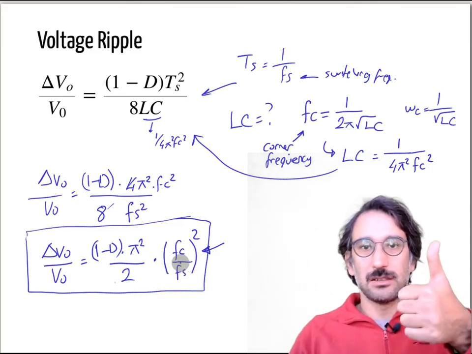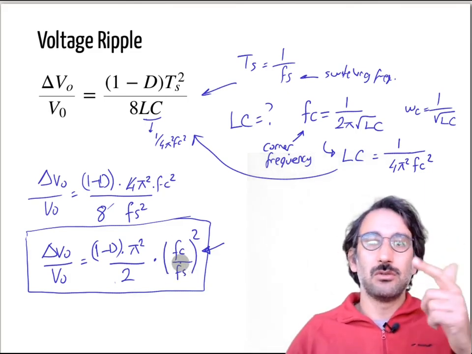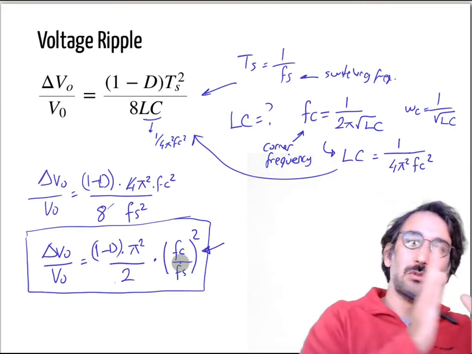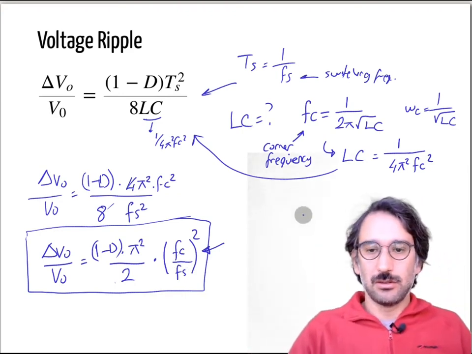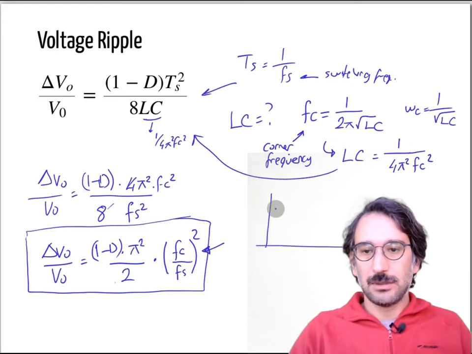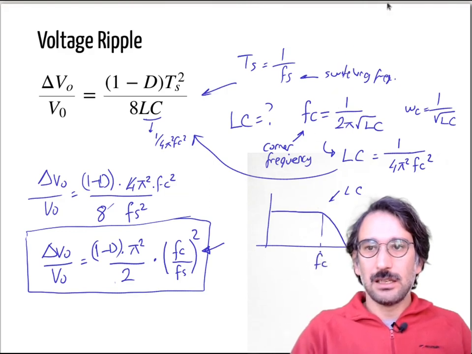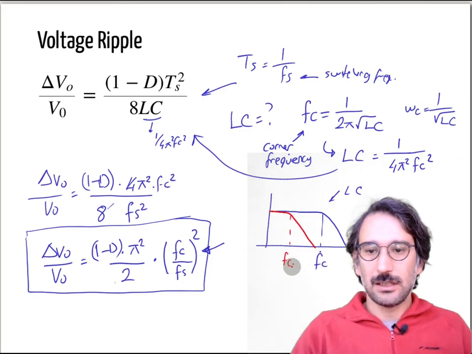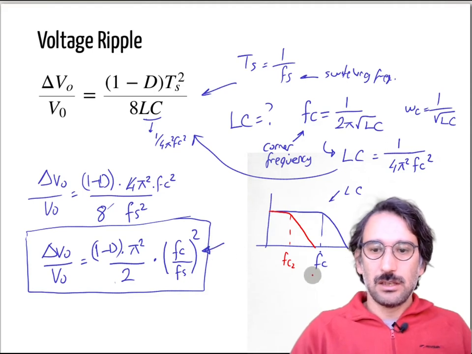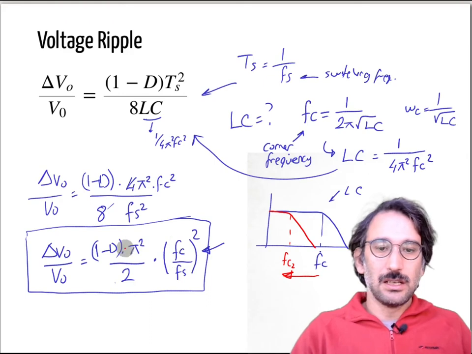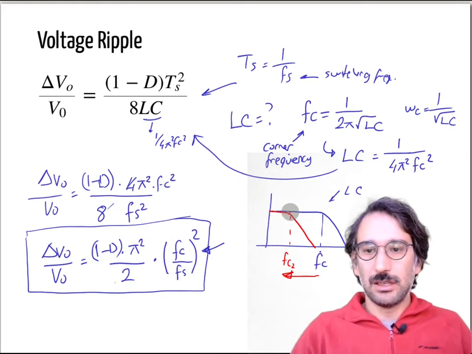Either you can increase the switching frequency, or you can reduce the corner frequency. For example, let's say this is the LC characteristic, this is FC, and you want to move it somewhere here, let's say FC2. If you can reduce the corner frequency of the filter, then you can have a small ripple voltage.